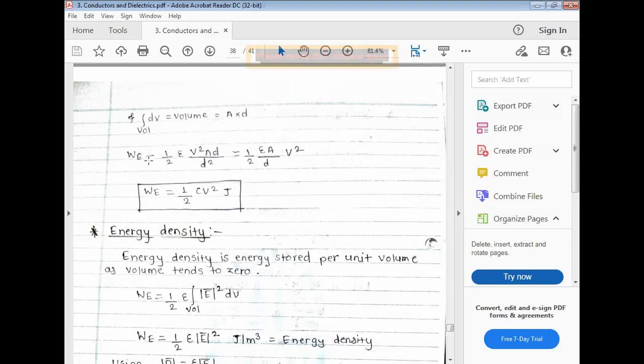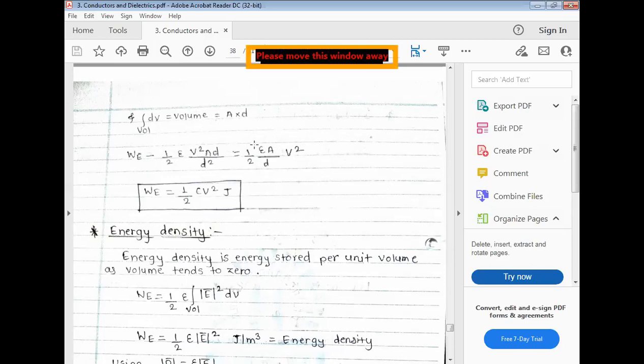So W_E is equal to 1 upon 2 epsilon A, V square divided by d.